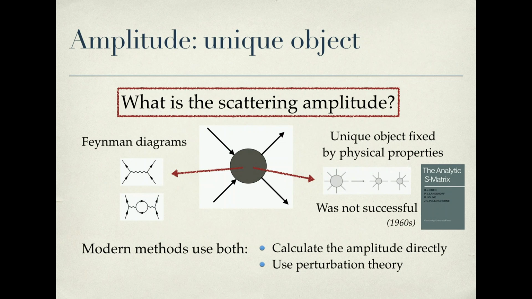Now, this poses a question why the final result is so simple and Feynman diagrams don't make that simplicity manifest. And the point of view that people got after that was a kind of revival of the analytic S-matrix program from the 60s, when people also tried to think about the amplitudes in a very different way, not as a sum of Feynman diagrams.